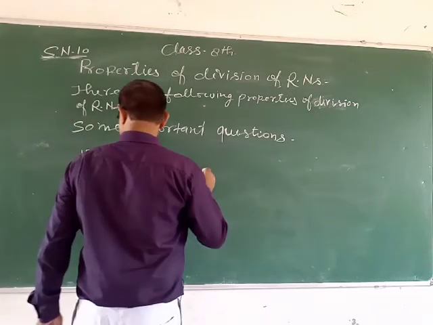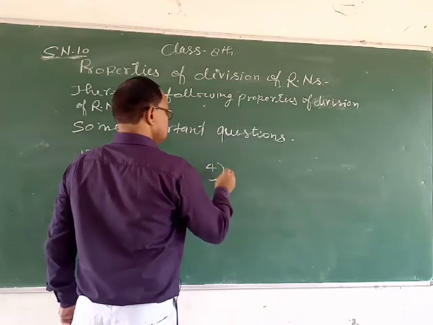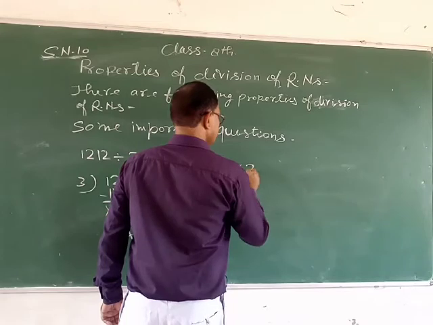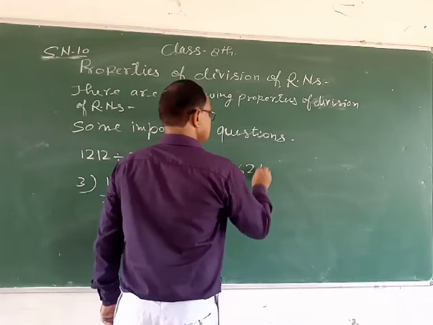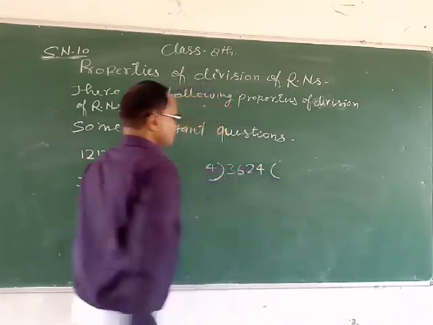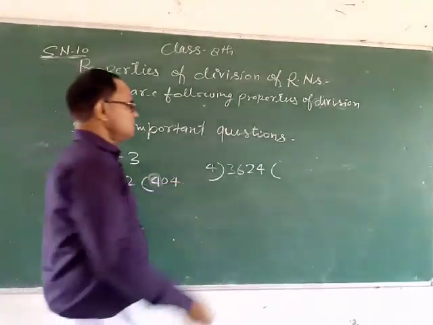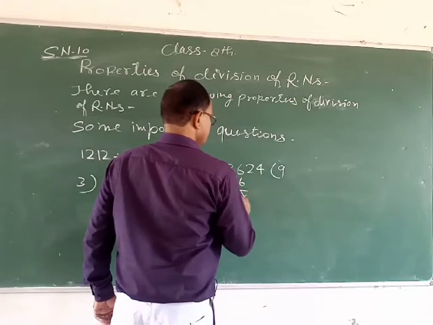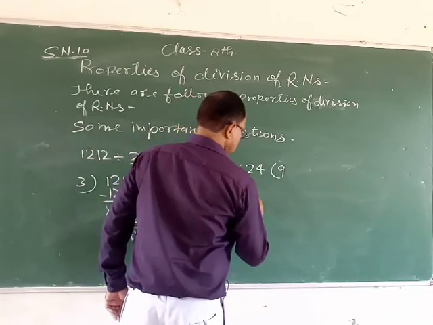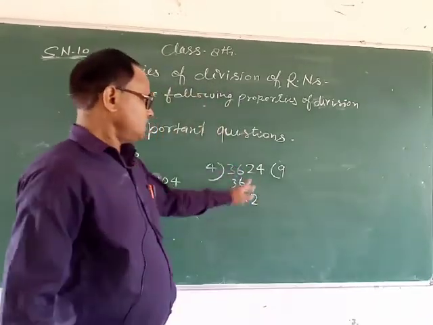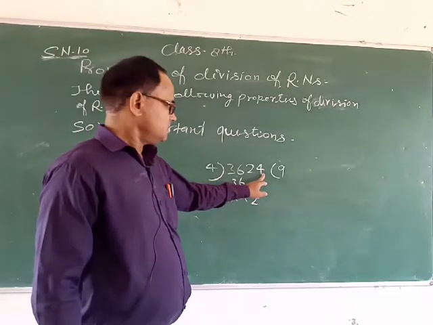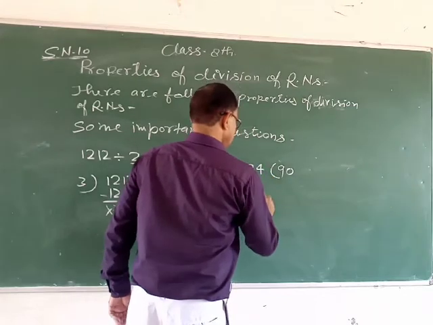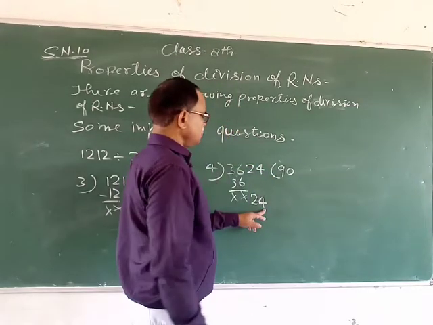Okay? After this here 24. 4 9 ja 36. And here write 2. Then after this 4 digit. Then here write 0 and write here 24.